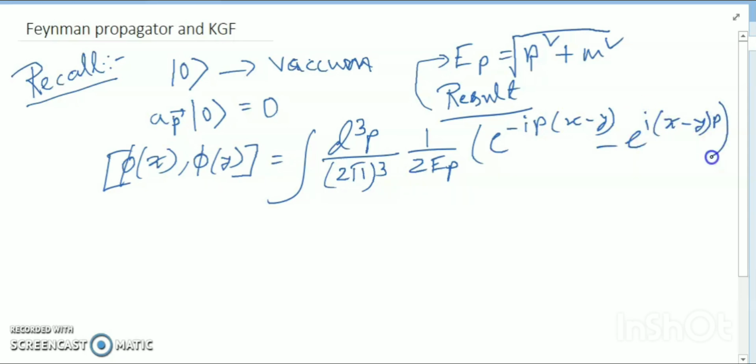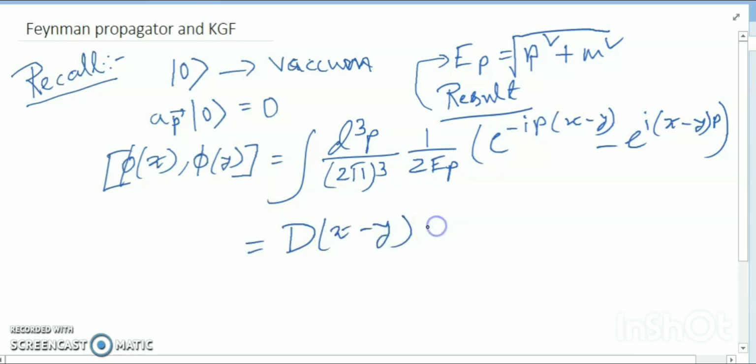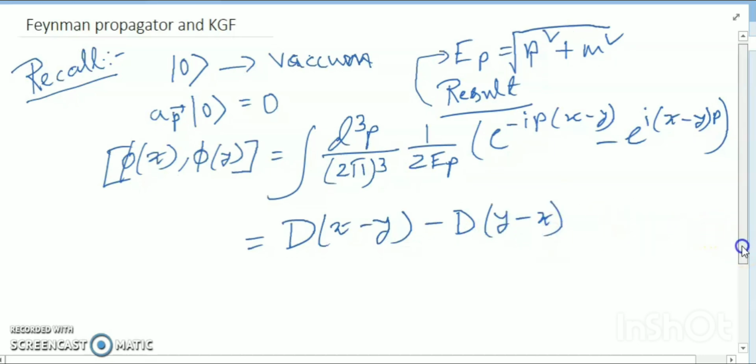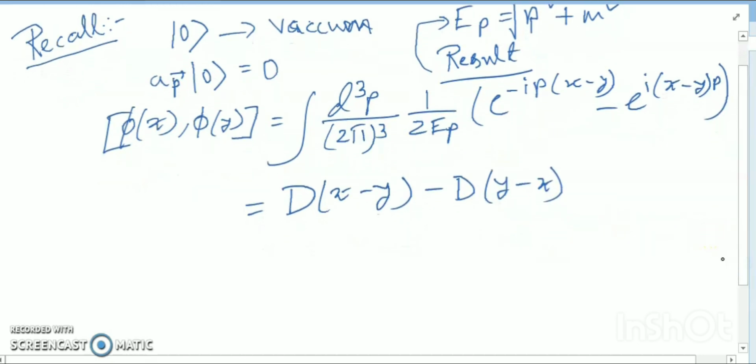And we know this equals delta(x minus y) minus delta(y minus x). Very fine and fantastic. This is the propagator, the commutator result.